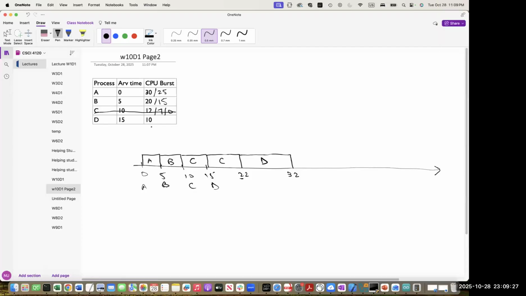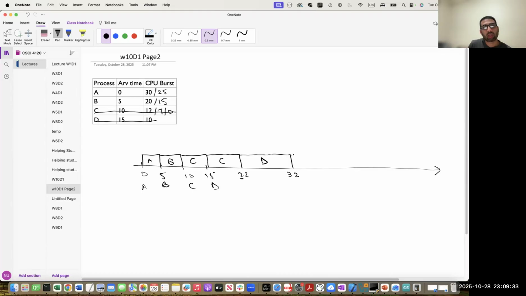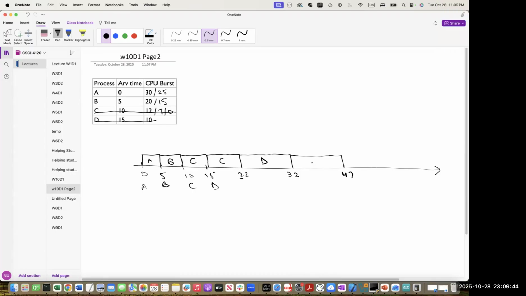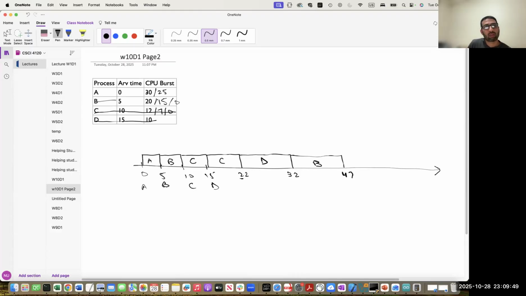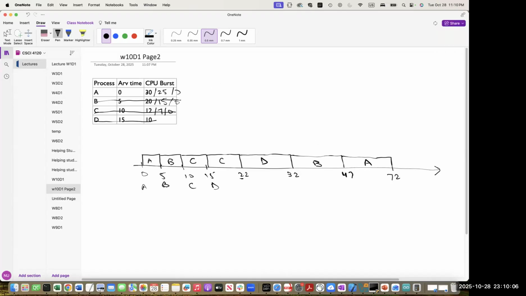Then the smallest is B, with 15: 32 plus 15 is 47. Now I am also done with B and I have only one candidate, which is A, and it runs for 25 time units. So 47 plus 25 is 72. Cool. I got it right.